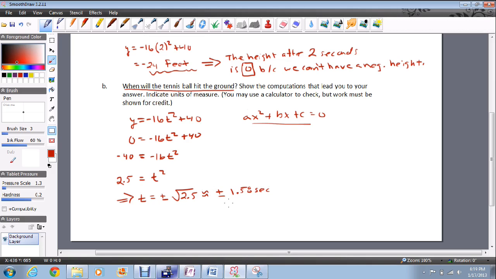But in this real life scenario, it doesn't make sense to have a negative time. So really all we're worried about is the positive 1.58 seconds. Again, for other problems it might make a difference, so be careful.